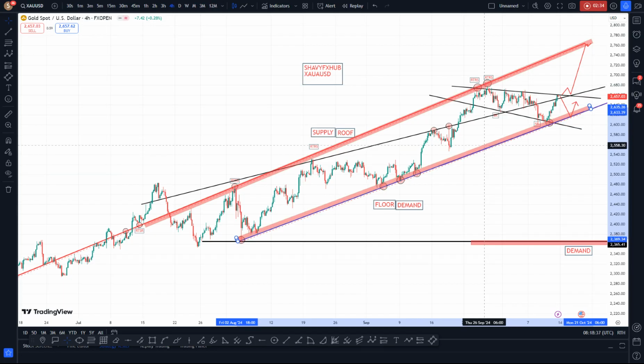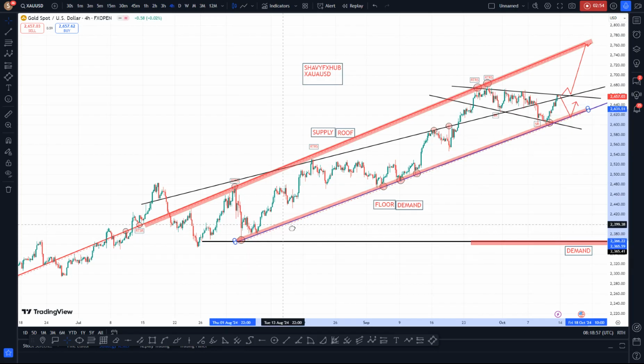So we want to have it and allow price to play into the demand floor. On the demand floor, we'll be ready for the trigger, a buy trigger.